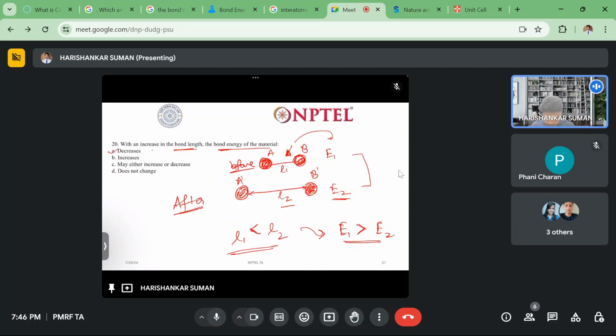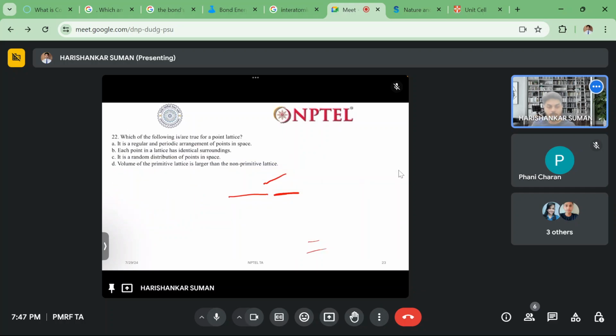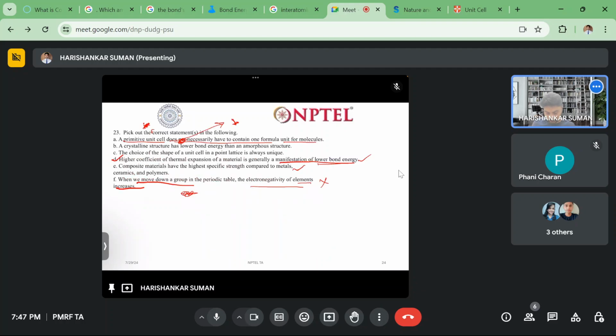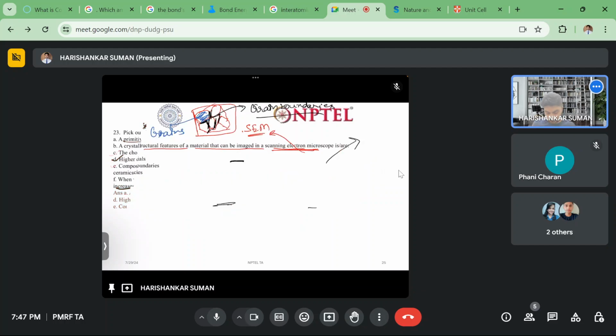Unit cell again, primitive unit cell, bond length, and the equilibrium one. This is also an important question. Here we have to choose correct and incorrect. Something is wrong there; let me find out, and I will correct the answers and questions. And about the grain boundaries, microstructure features.